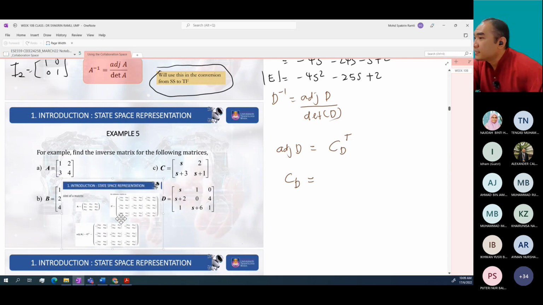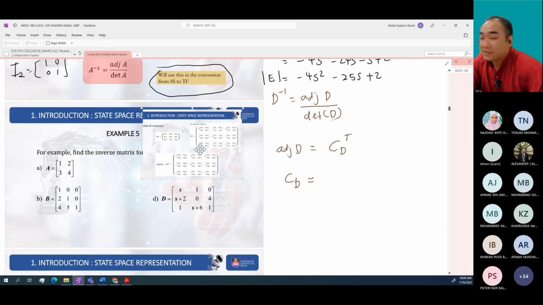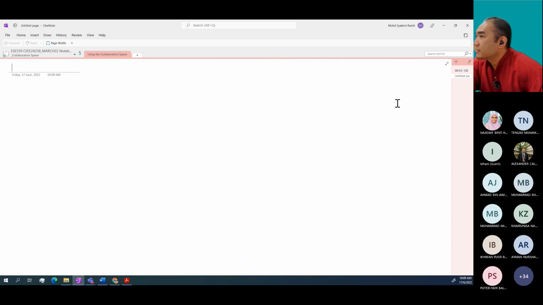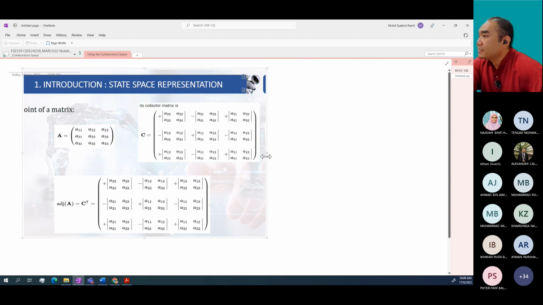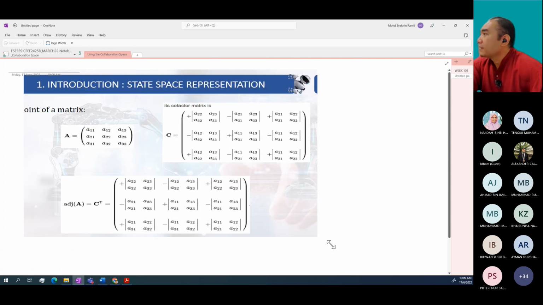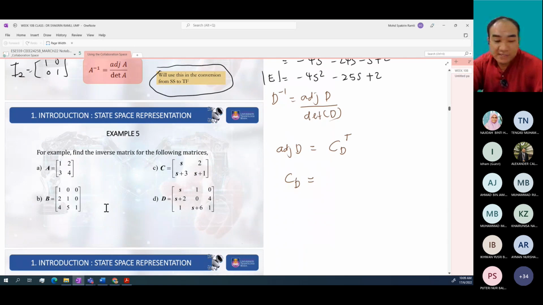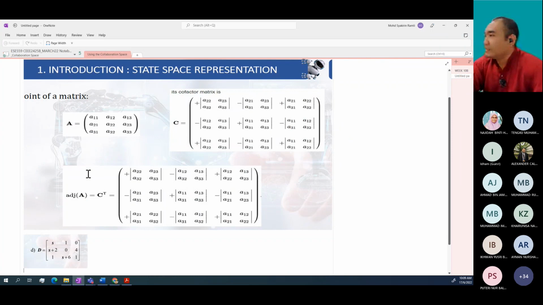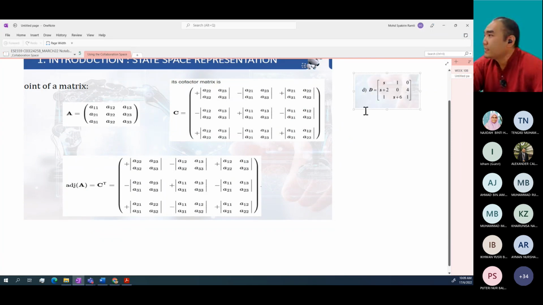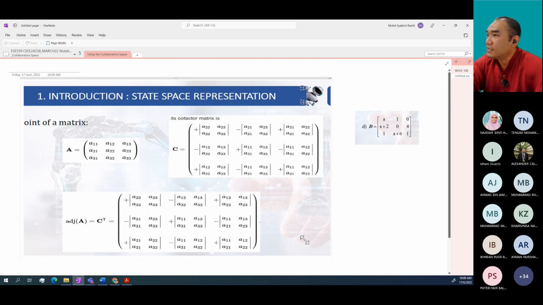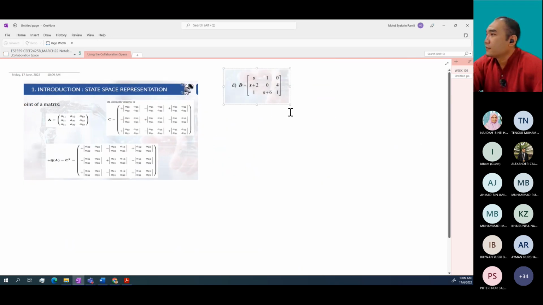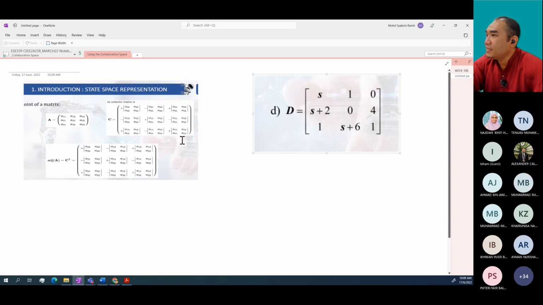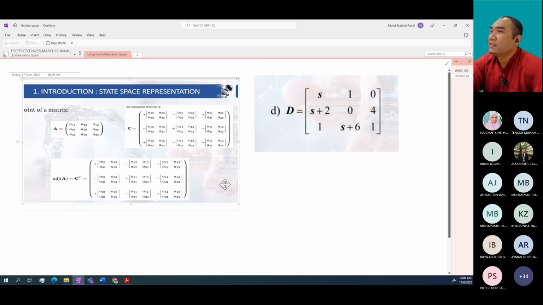Sebab kita nak guna yang ini. Yang ini kita ambil matrix D ni. Okay, matrix D dan kita letak kat sini, supaya kita nampak macam mana daripada formula ni untuk kita cari cofactor of the matrix D. Okay, ini adalah matrix D dan kita nak dapatkan dia punya cofactor ni. Okay. Right. Let's try to do it with me.